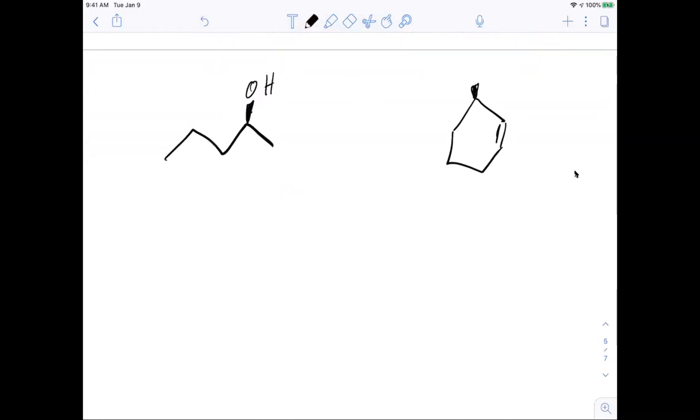It's always helpful to find the chiral center to start with. Then you can start naming it.